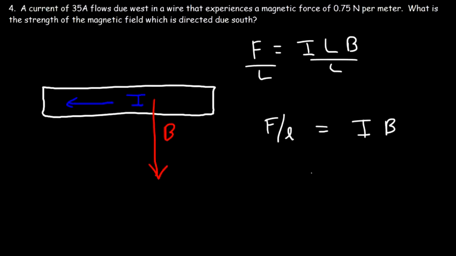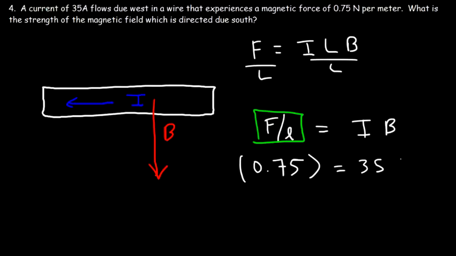We have the force per meter. That's 0.75. That value takes care of two of these variables. We have the current, which is 35 amps. So we've got to solve for B. It's just going to be 0.75 divided by 35.